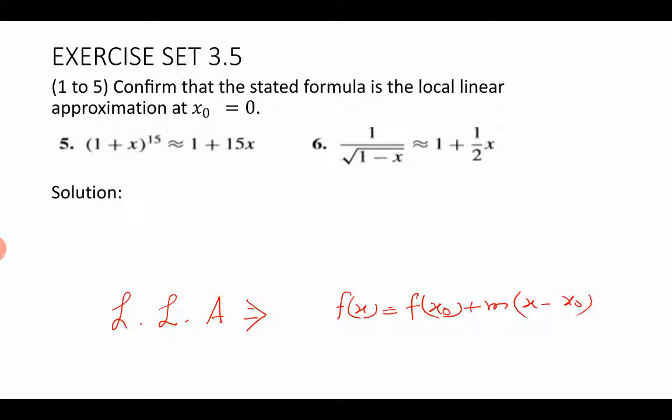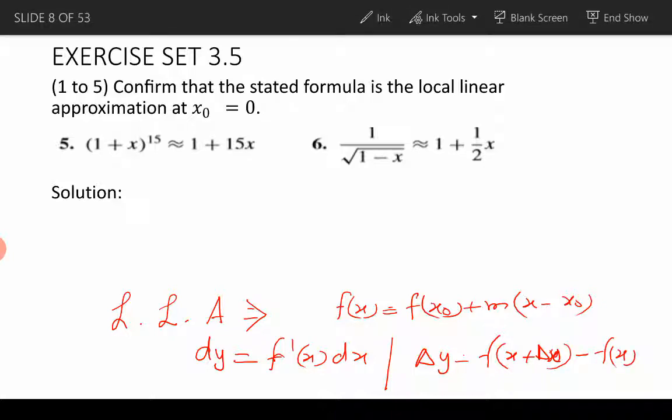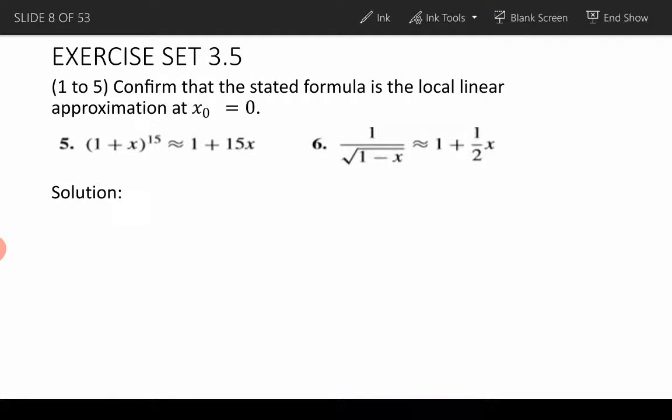And when you are looking for dy, the formula for dy is the slope times dx. And when you are looking for del y, the formula is f of x plus del x minus f of x. So let's remember all this and then solve these problems right now.